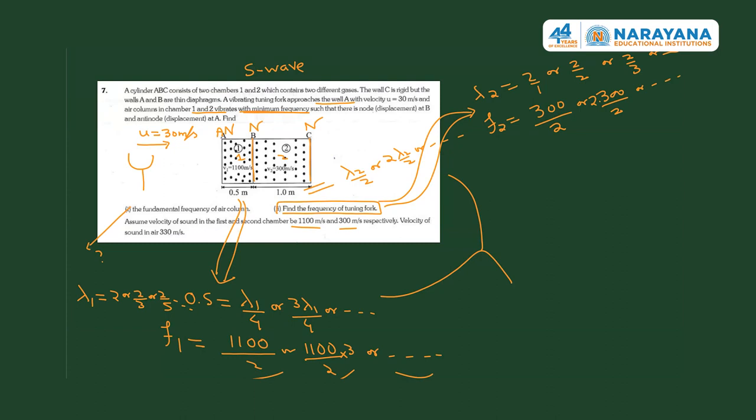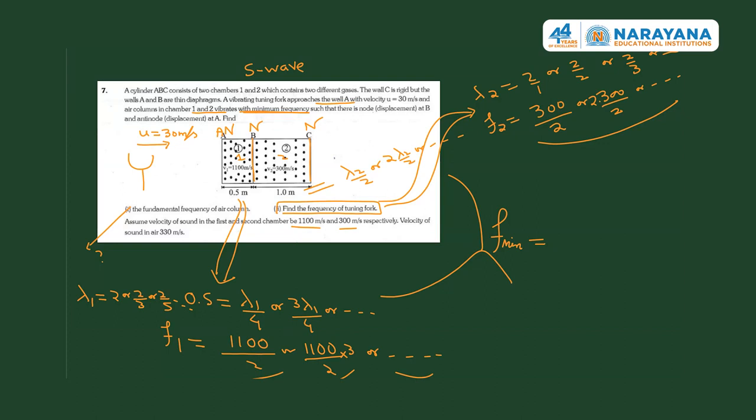Now simply search for a value which satisfies both the equations. So the least F min, which is a part of this set and that set both. What is that value coming out to be?